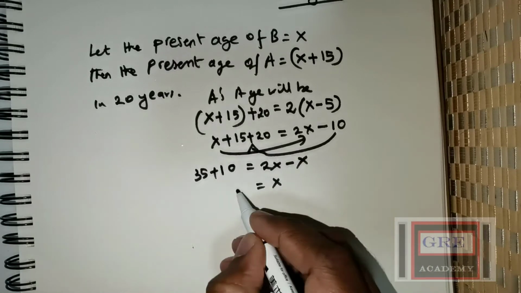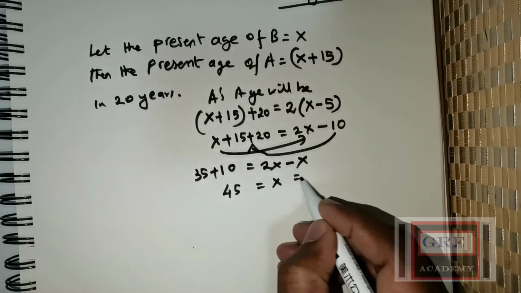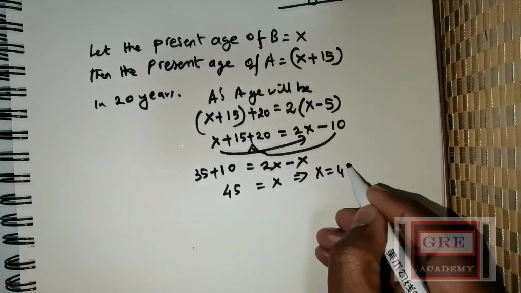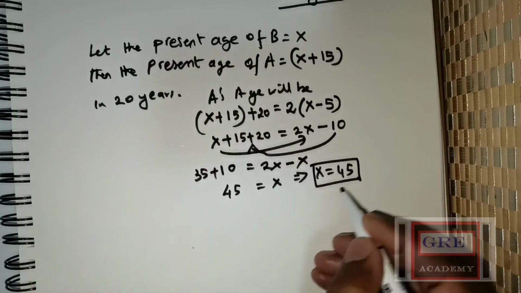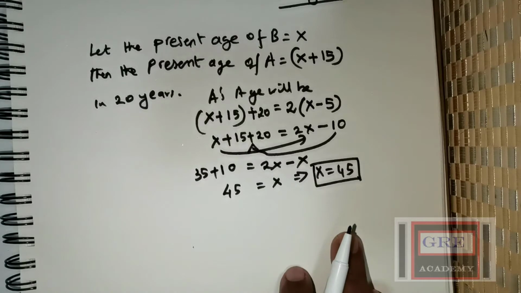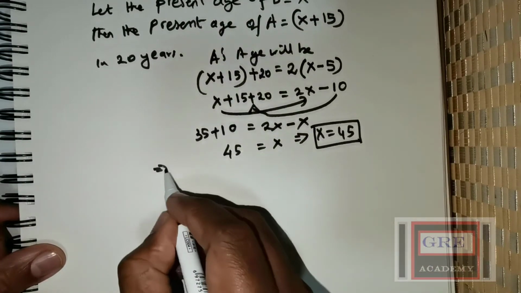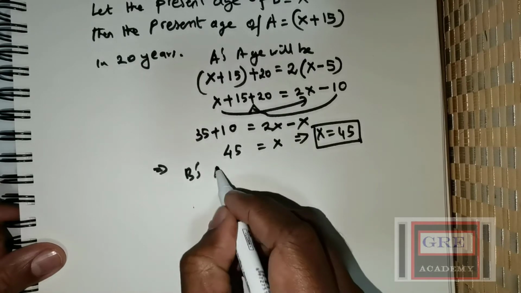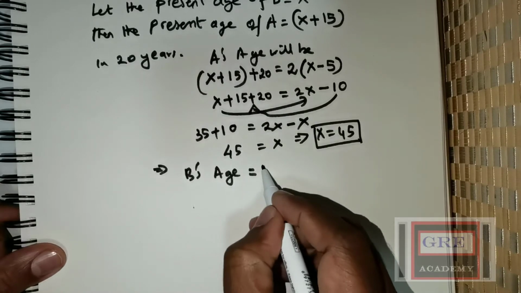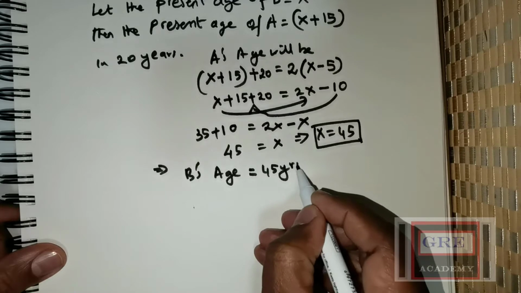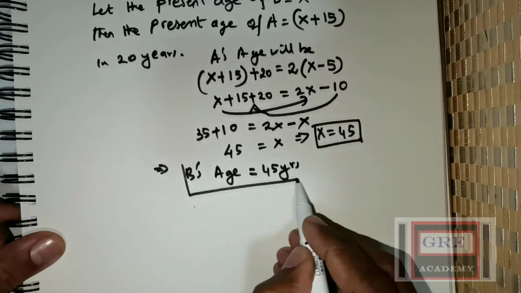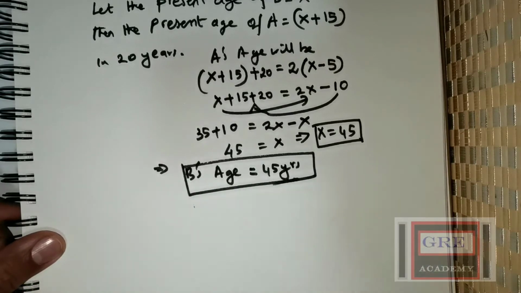So I would get 45 is equal to x, which means x is 45. Now this is the age of B. So clearly from this we can see that B's age is 45 years. So that is the solution that we need.